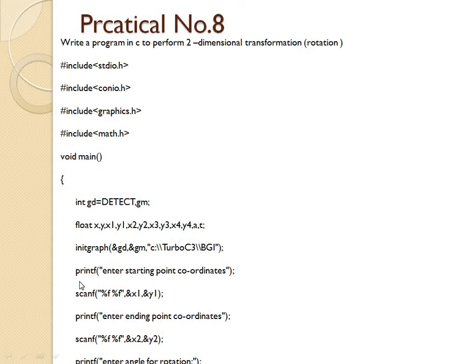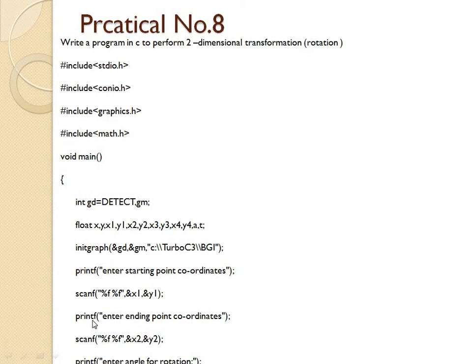Then the printf function is used, and in this printf function we enter a message like: enter the starting point coordinates, and by using the scanf function we scan these values, x1 and y1, the starting coordinates.